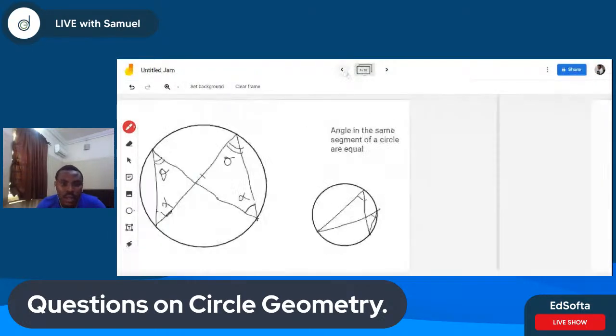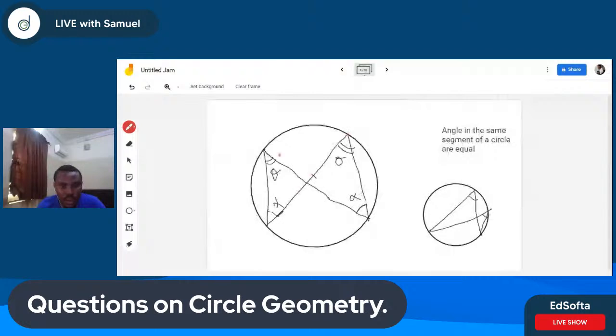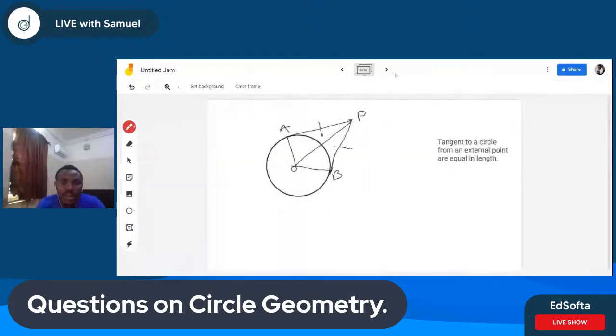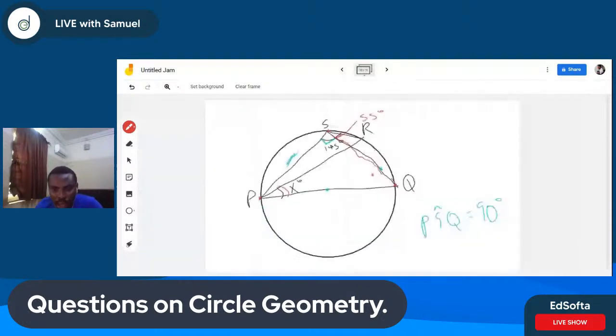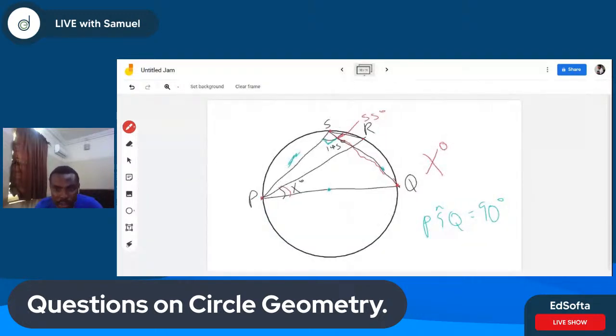The theorem tells us that they are equal, because they subtend the same arc. So when two angles subtend the same arc, they are equal. So our answer is going to be that x degrees will be equal to 55 degrees.